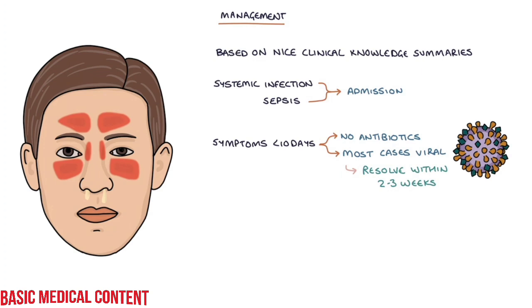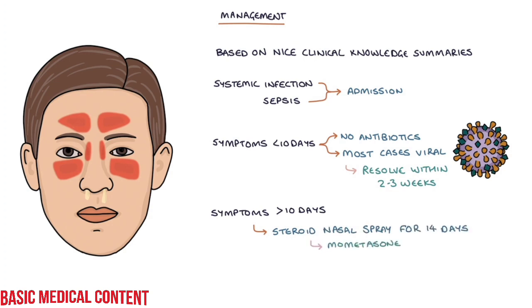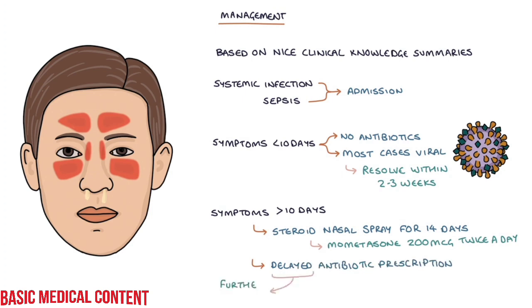NICE recommend for patients with symptoms that are not improving after 10 days, there are the options of a high-dose steroid nasal spray, which can be used for 14 days, for example, mometasone 200 micrograms twice a day, or a delayed antibiotic prescription, which can be used if the symptoms are worsening or they don't improve within a further 7 days. And phenoxymethylpenicillin, or penicillin V, is first line.